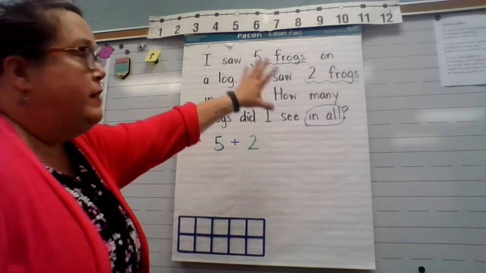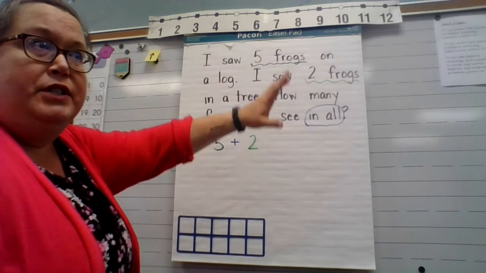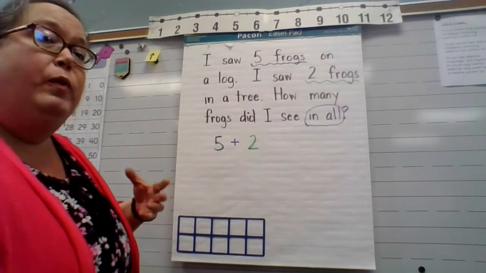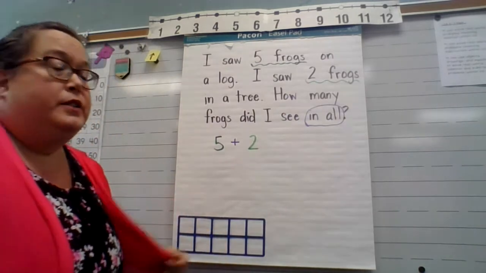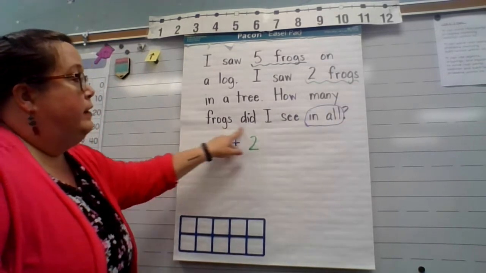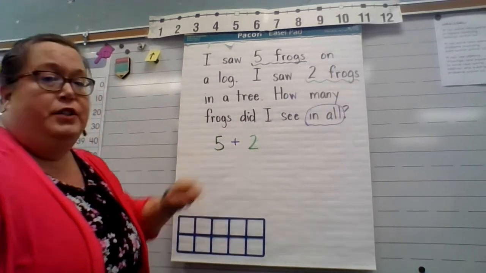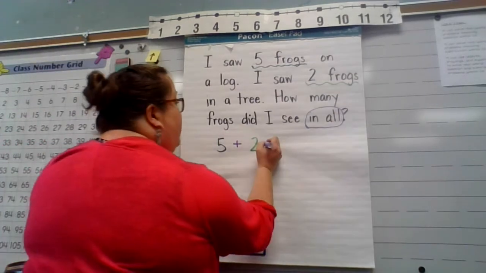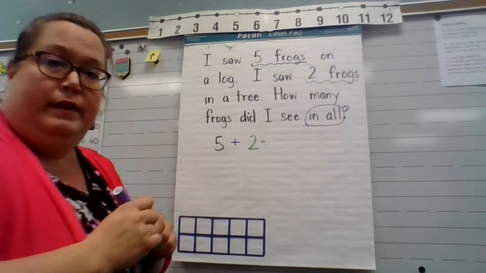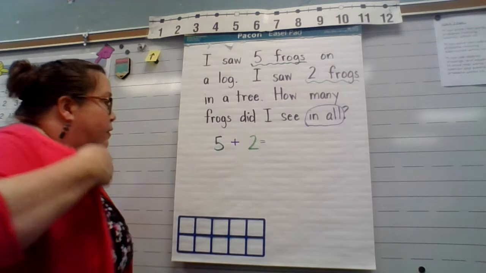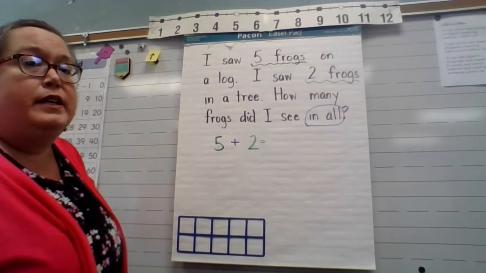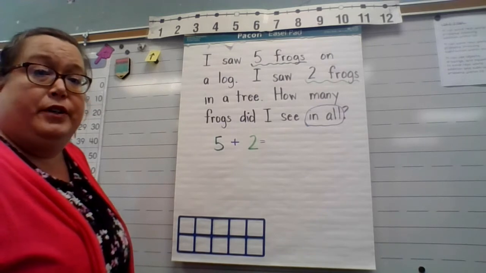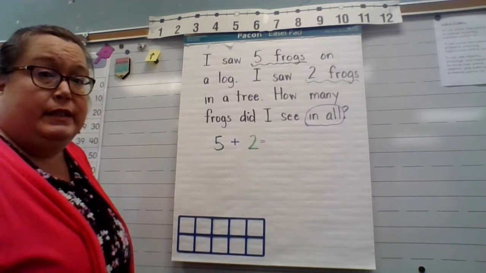Now that we've looked at the story, we've read it several times, we've figured out what we need to do to figure out the answer to the question. So now we know we have 5 plus 2, and we need to figure out what that answer is. Okay? Now that we know what we need to do, we have to use our different strategies to figure out the answer.